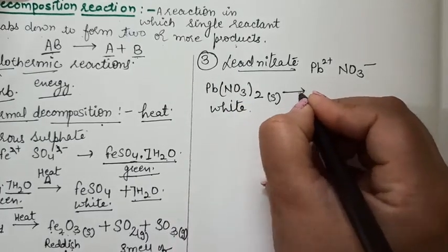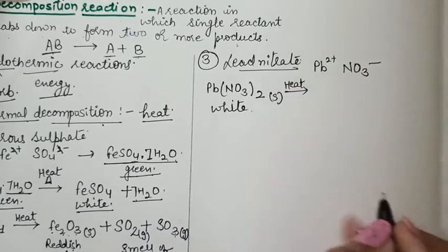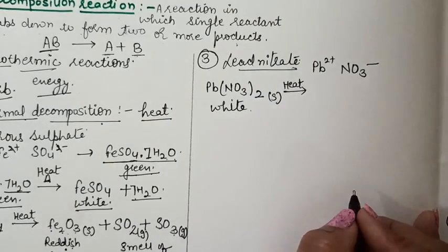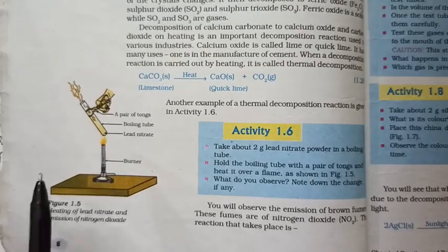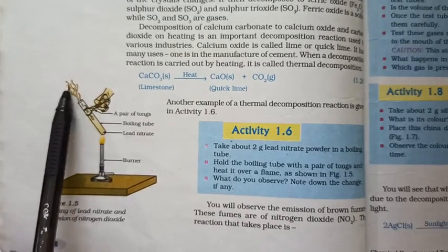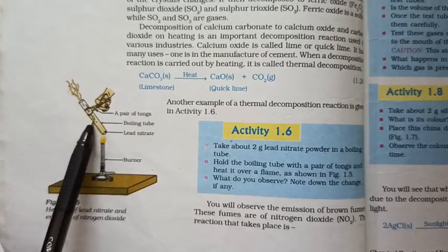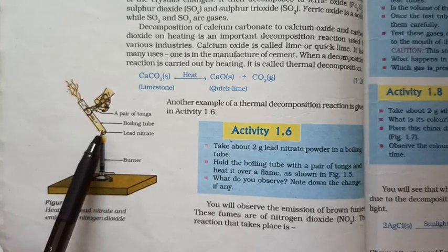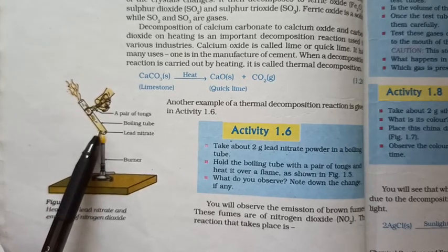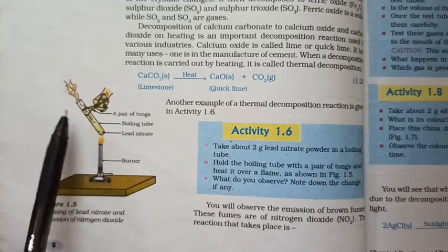When we heat it, the main observation is that brown fumes are produced and yellow residue is left behind. That is the main observation of this reaction.